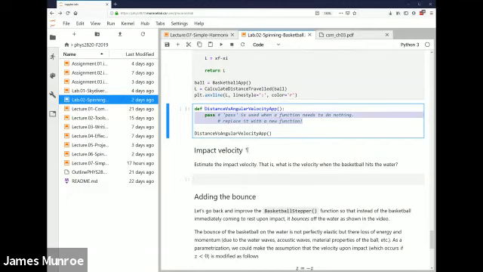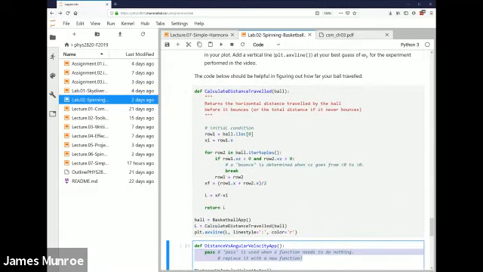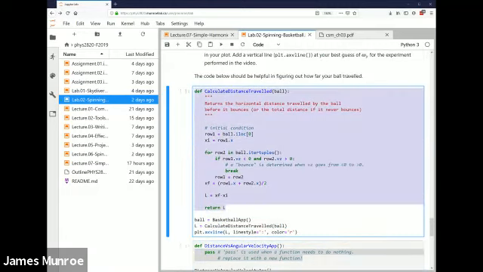Most likely you'll need a loop in here, something to loop through different values of omega and calculate the distance for every simulation. And again, if you haven't done the lab yet, you'll see this very soon. I've written you a piece of code that calculates how far the basketball travels. You can just use that.